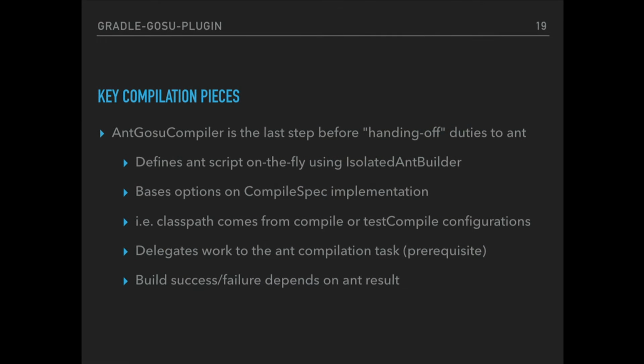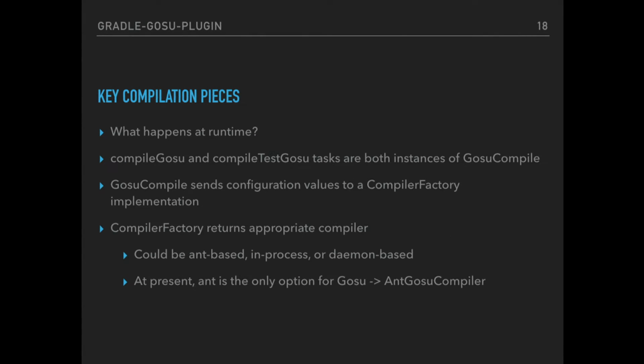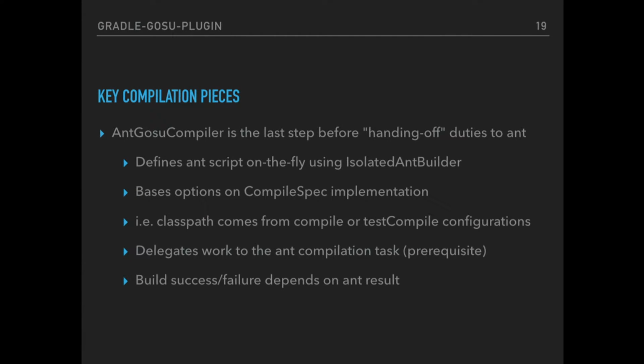So we talked about at runtime, the compiler factory is going to instantiate and give me an instance of the compiler that's going to do the work for me. So in this case, it's always going to be an Ant Gosu compiler. Now this is the last step on the Gradle side of things before it throws work over the wall or delegates to the Ant compiler. So what happens?